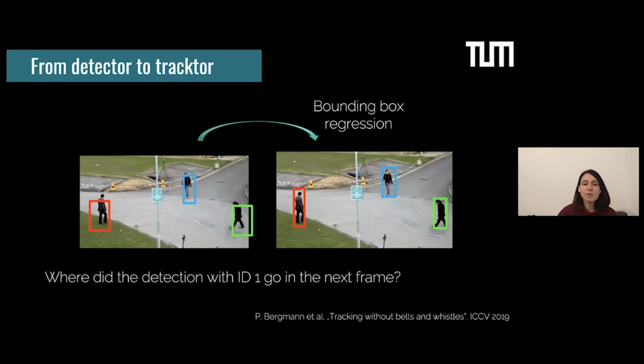I can say this because I have correspondences. I know that the red box at frame T+1 corresponds to this box here on the right image, which is tightly fit, and it doesn't correspond to the blue box or the green box. I can establish these correspondences, and therefore I can say that I have solved the tracking problem for these couple of frames.